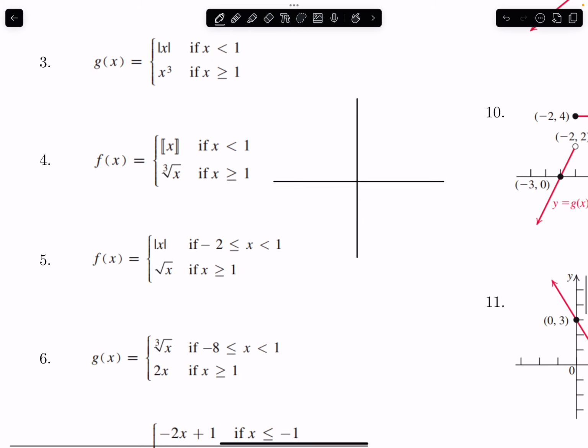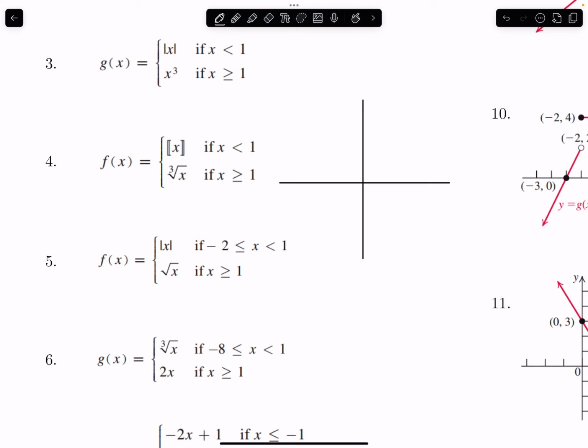Here's number 4. Okay, so 1 is a transition value, right? So at 1 is where I switch from one to the other. The greatest integer function for things less than 1. Okay, what is the greatest integer function? Remember, I always start by just plotting the points 1, 1, negative 1, 1, negative 1.